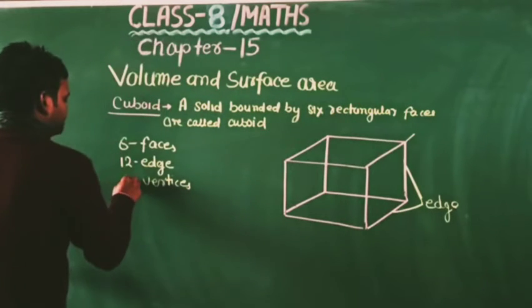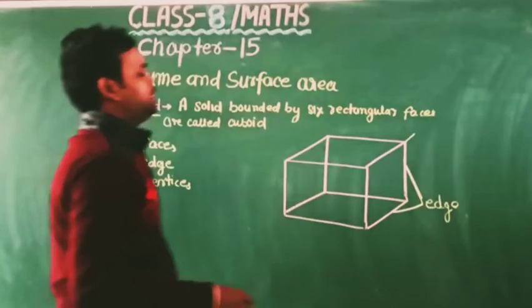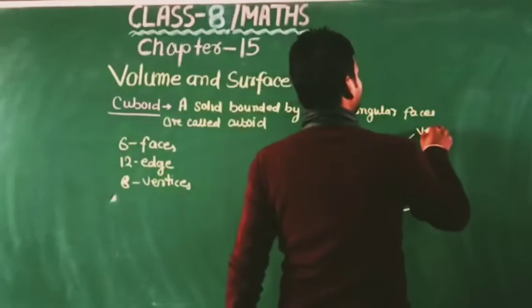Total vertices not 6, 8 vertices. Okay, a cuboid has 6 faces, 12 edges and 8 vertices. This is vertex.